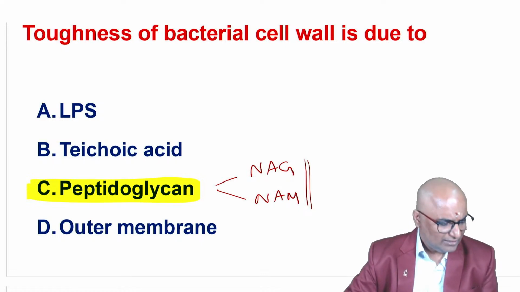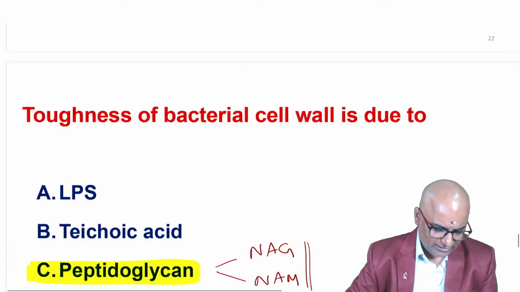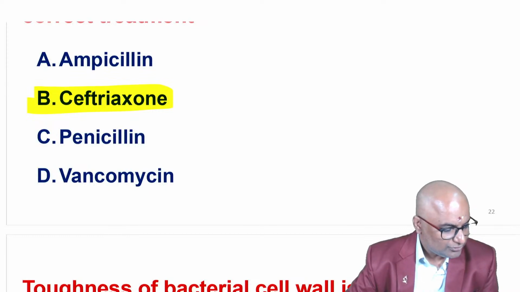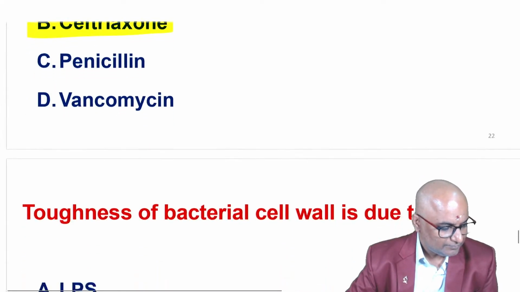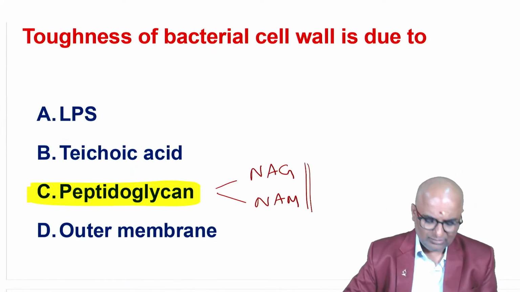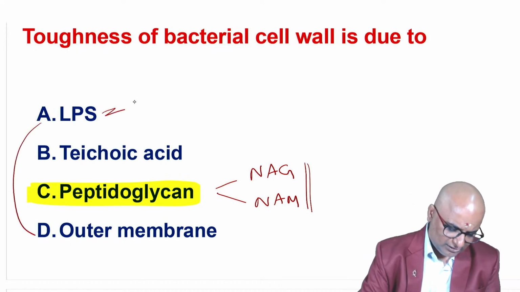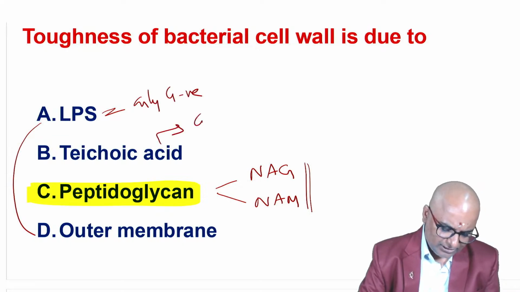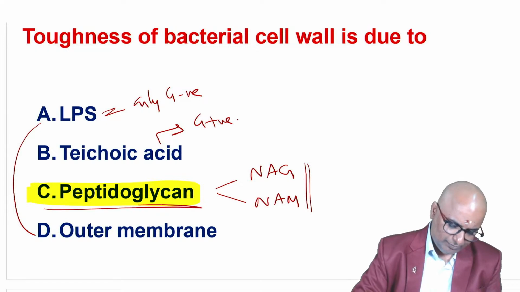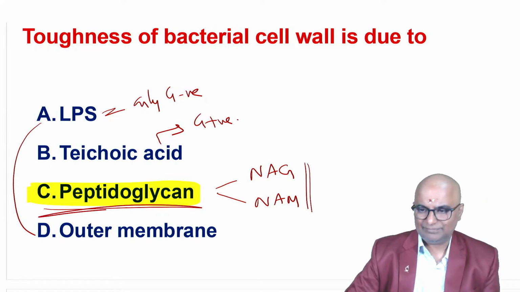Yes, my dear, ceftriaxone is the treatment. Lipopolysaccharide, outer membrane present only in gram negative. Teichoic acid present in gram positive. So peptidoglycan, NAG and NAM.